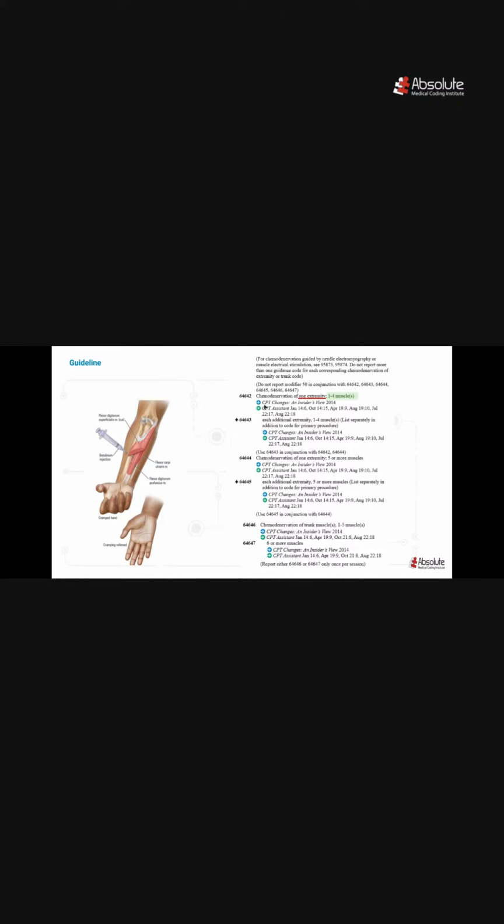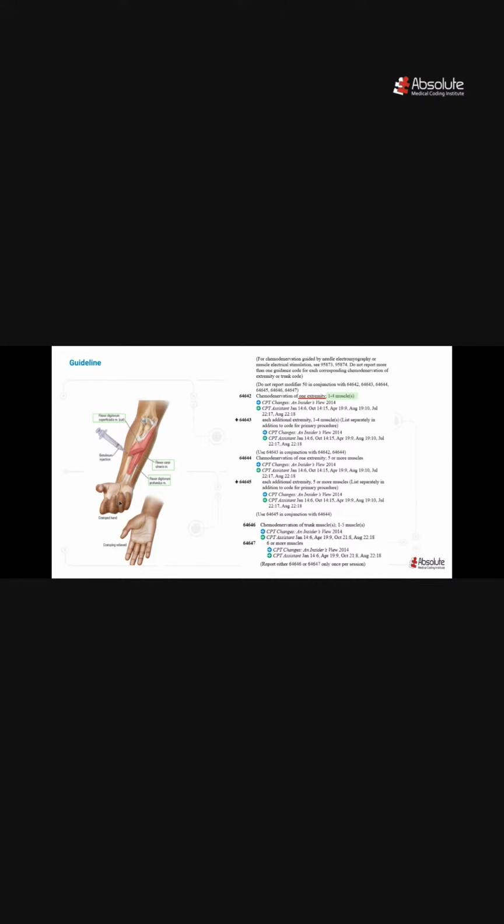64642 is for chemodenervation of one extremity, 1 to 4 muscles. You can see this example: you have a left hand and the chemodenervation procedure is performed on 3 of these muscles which you see on the screen. In these circumstances, you will use 64642.